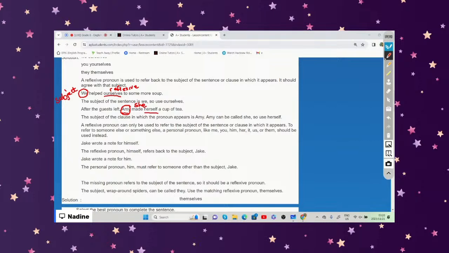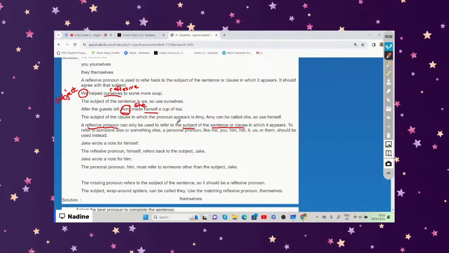And then a reflexive pronoun can only be used to refer to the subject of the sentence or clause in which it appears. So it needs to refer back to the subject.